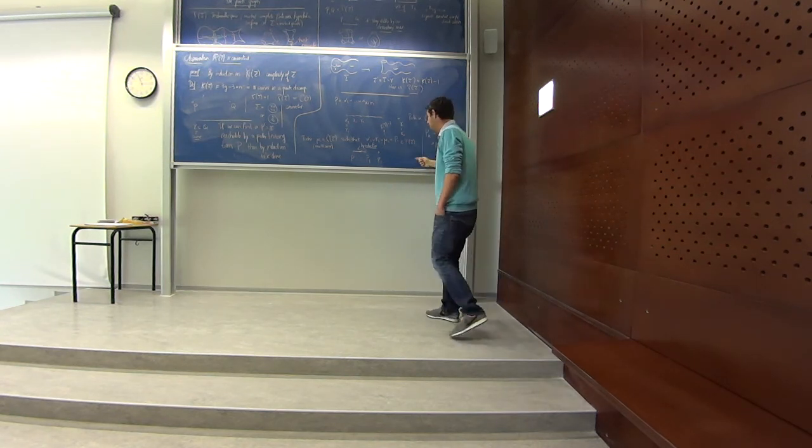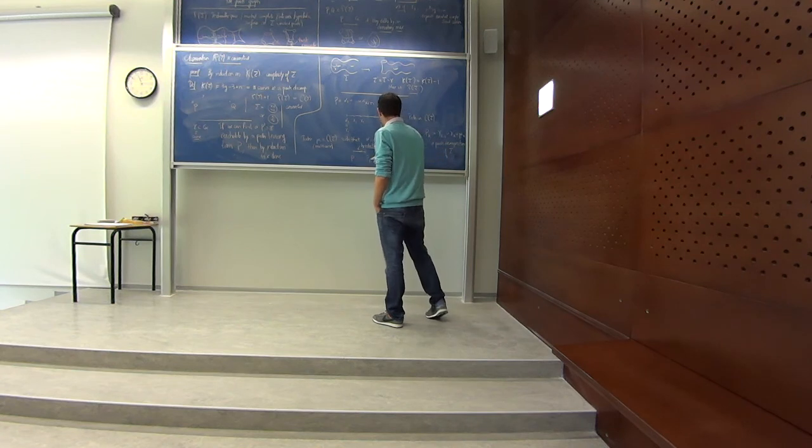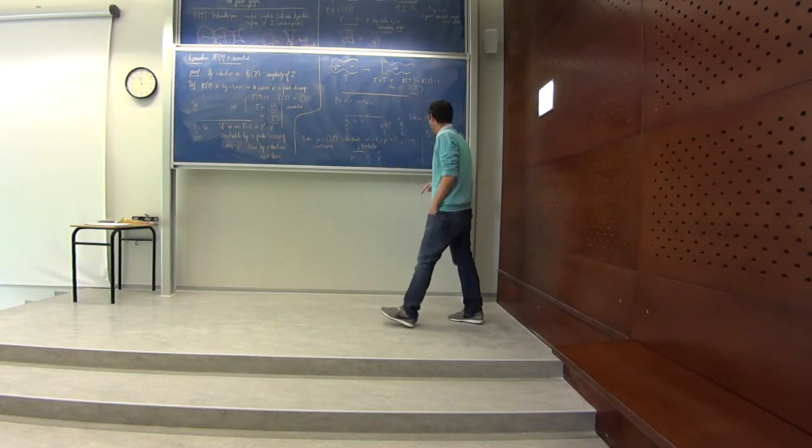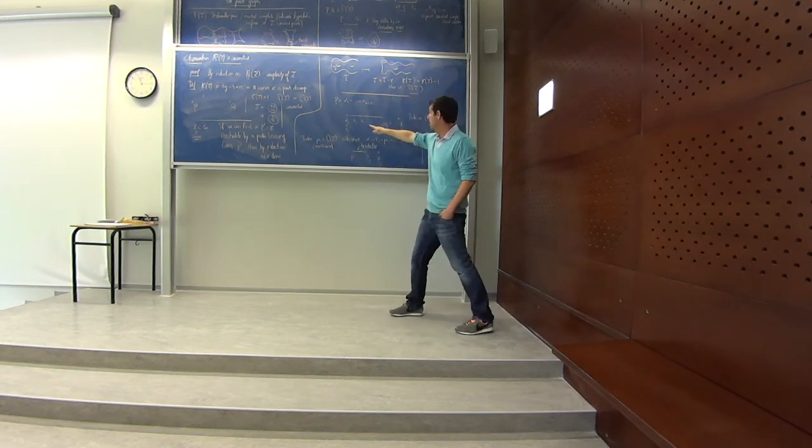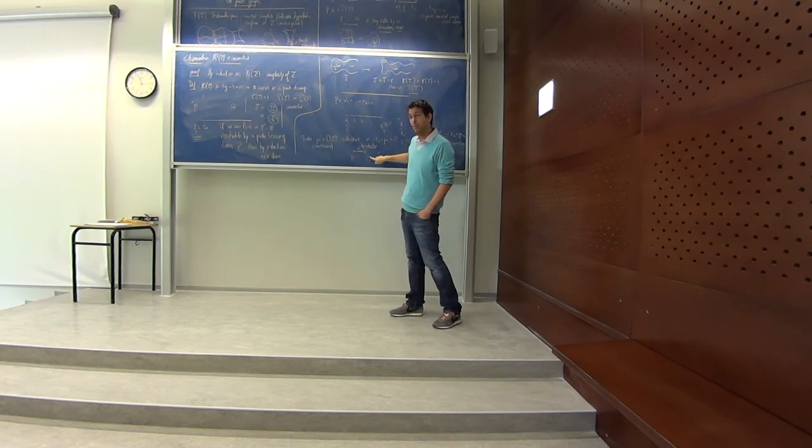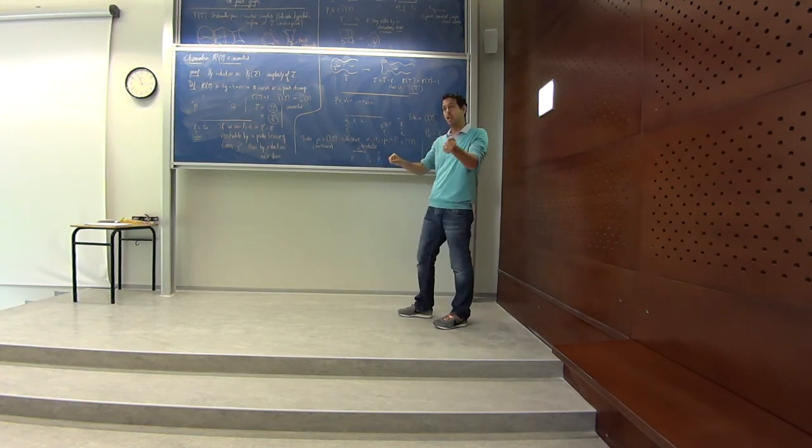And now my induction hypothesis is going to allow me again to go from P1 to P2, because now P2 contains gamma 1, and this one also contains gamma 1. So they have one curve in common, so I can move along here.